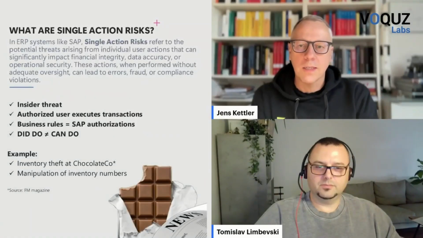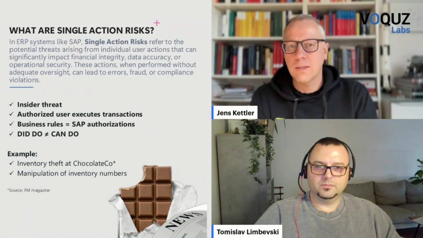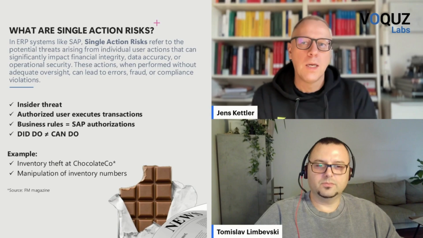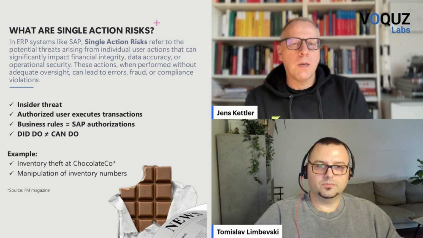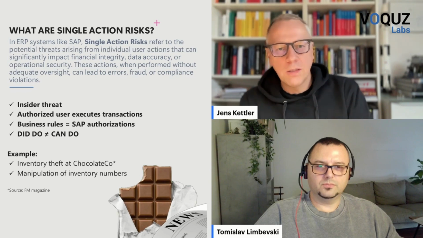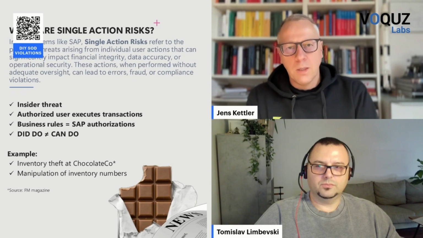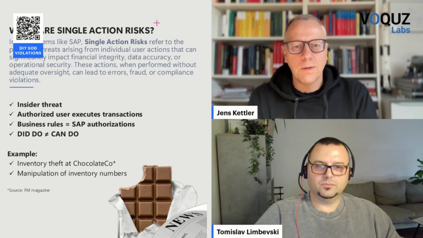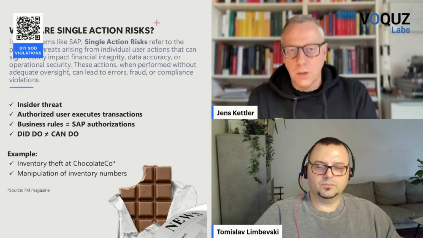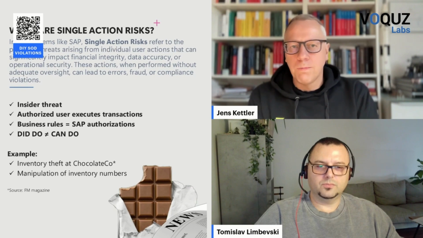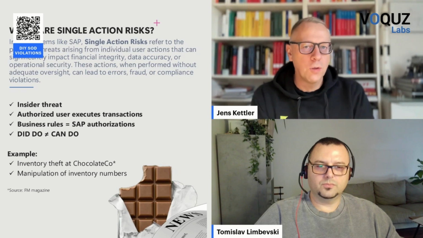Actually, today we are speaking about a topic that is closely related to what we discussed in our most recent webinar. That was about how to detect violations of segregation of duty rules. So that means users have authorizations to do certain things and they actually also use them, and how you can detect that on a document level with very simple do-it-yourself methods, what Tomislav showed.